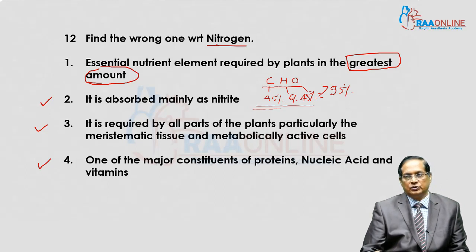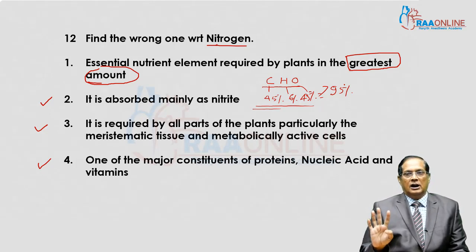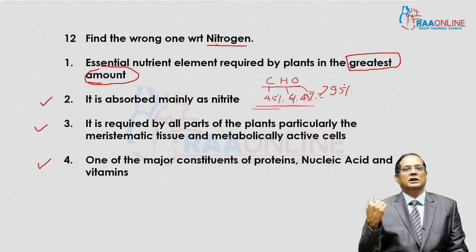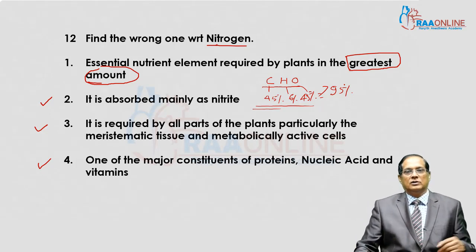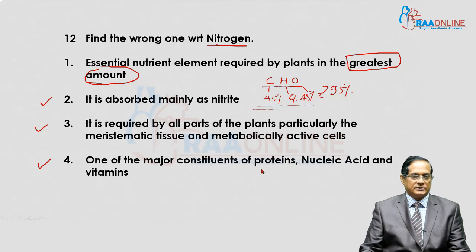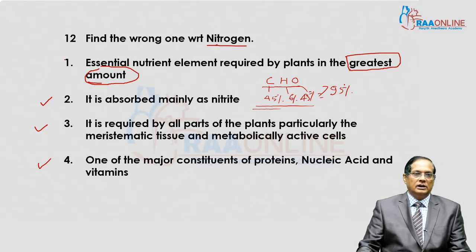That is CHO. So that's why option number 1 is wrong for nitrogen. It is required after CHO, in comparatively more quantity than the other elements, but not beyond carbon, hydrogen or oxygen. So the first option is wrong in this question.